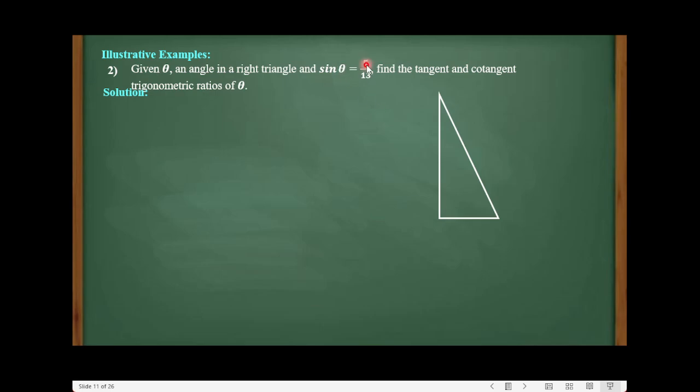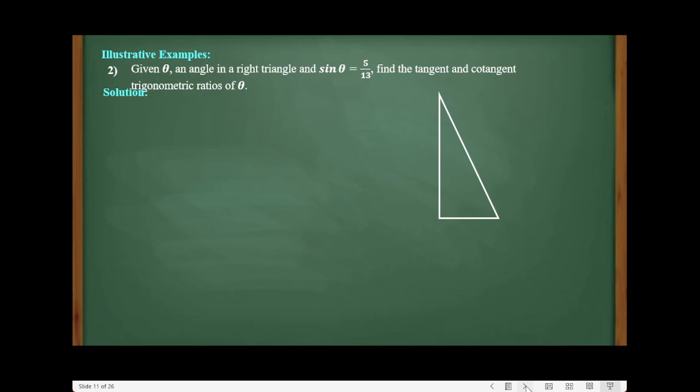And I think this leg is the shortest side among the three from this right triangle. So we could label this as 5 here as the length of this horizontal leg. And 13 is the hypotenuse. So among the three sides, this is the longest side and its length is 13.